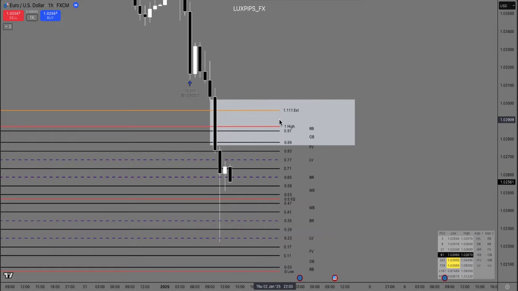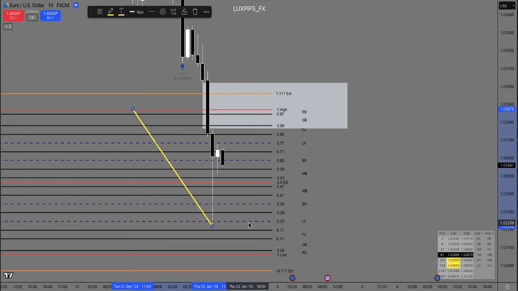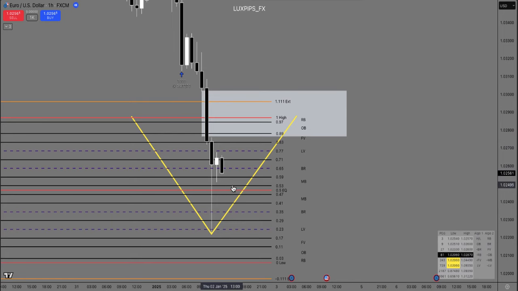It can also be expanded through. For the time being, we've already seen price come from the premium, go into the discount, LV right here, right? It might just create a market maker buy model like this. However, this is not an algo trade, so I will not be taking this trade. So let's see what happens.